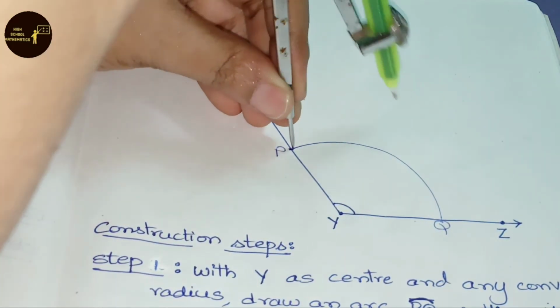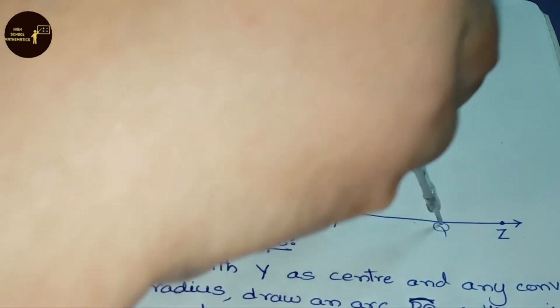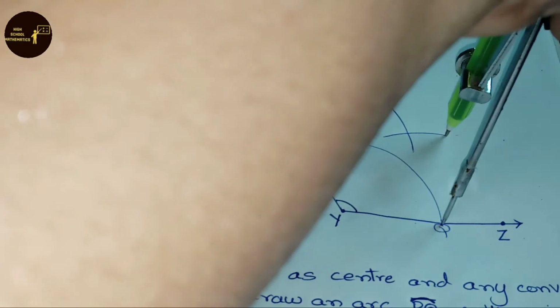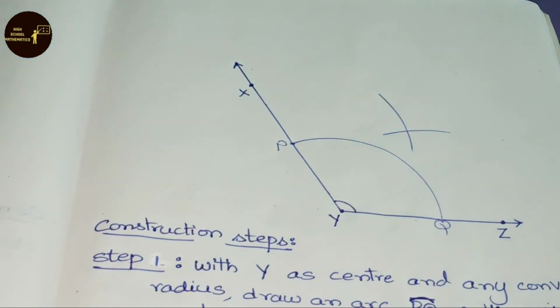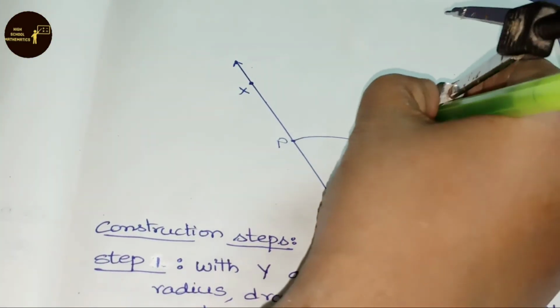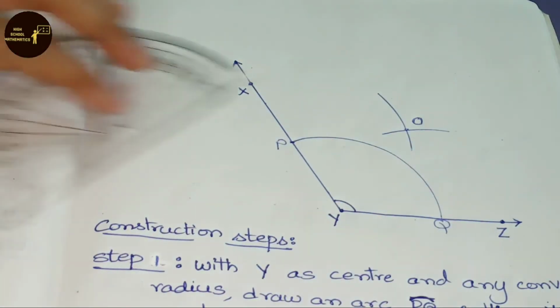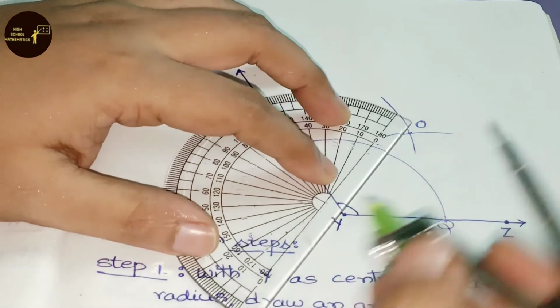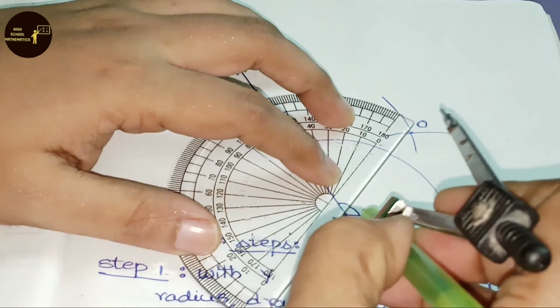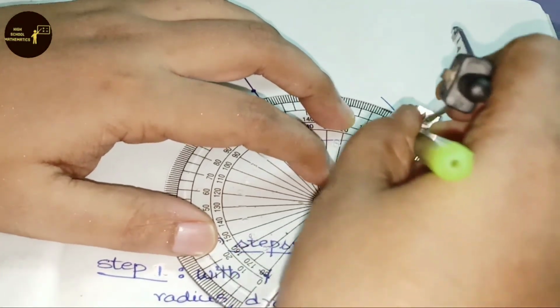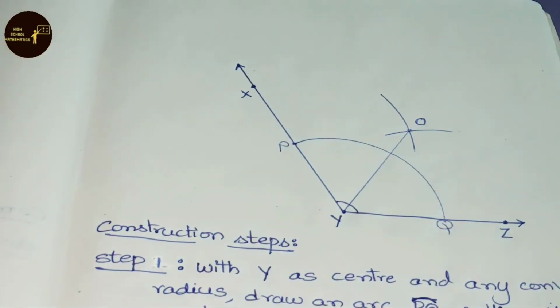Now with P as center, we are drawing an arc. Now with Q as center, with same radius, we are going to draw another arc. Let the intersecting point be O. Now let us join OY. Now we have drawn bisector.